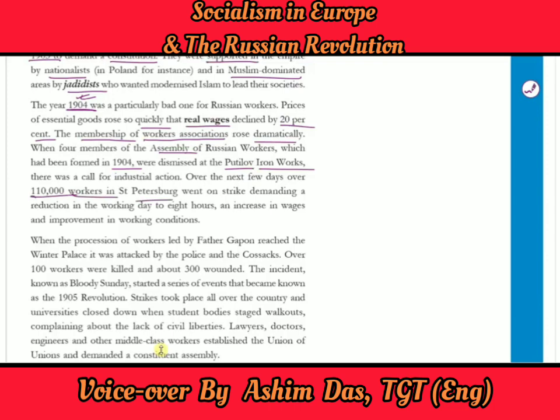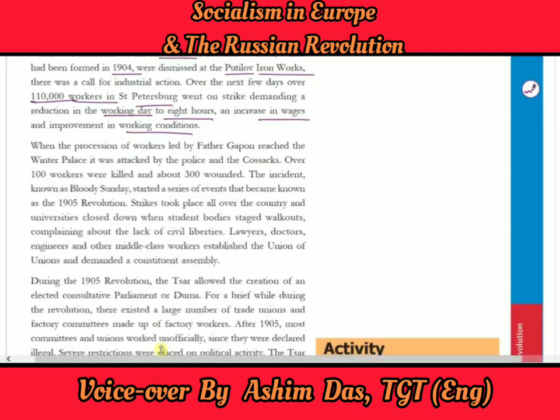Over the next few days, over 110,000 workers in Petersburg went on strike, demanding a reduction in the working day to 8 hours, an increase in wages, and improvement in working conditions. These were the three main demands of the workers.